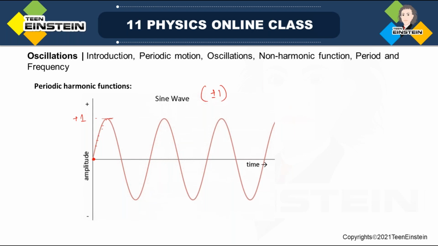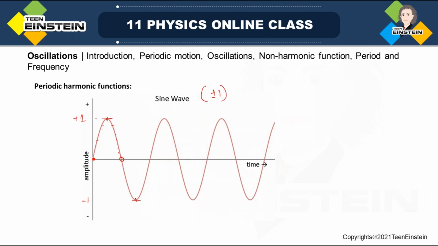It increases gradually up to a maximum value, then decreases, crosses zero and goes to the other side with the same extremum value of minus one. This is the minimum value, and this is the maximum value.